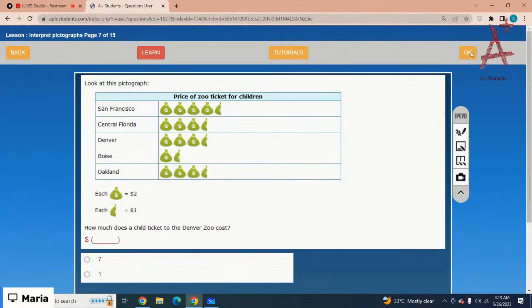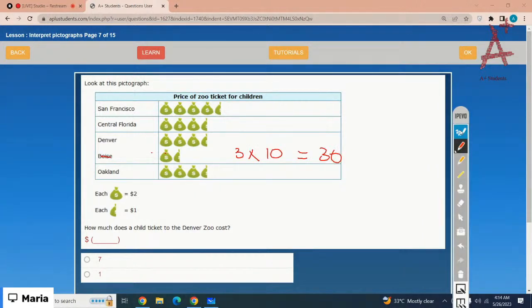Look at this pictograph. Each complete pack means two and half means one. How much does a child ticket to the Denver Zoo cost? Okay, where is Denver Zoo? Here it is. One, two, three.